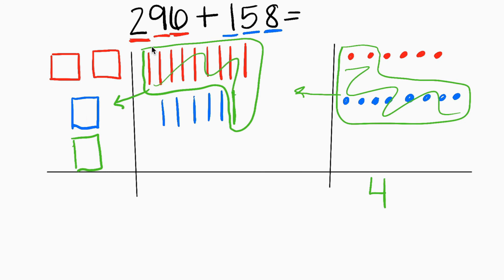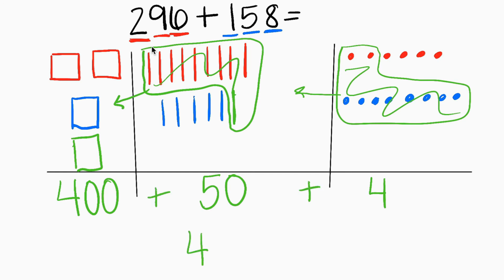So now it looks like we have 5 tens, which has a value of 50. And then we have 4 100 blocks, which has a value of 400. So if we put this back together, 400 plus 50 plus 4 equals 454.